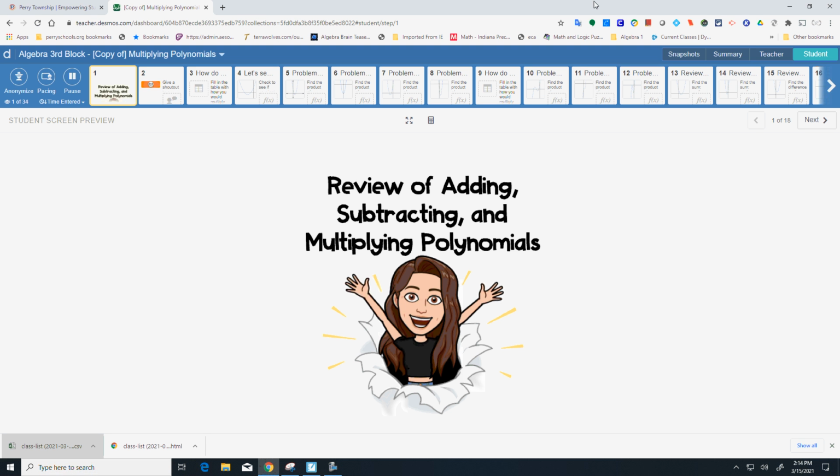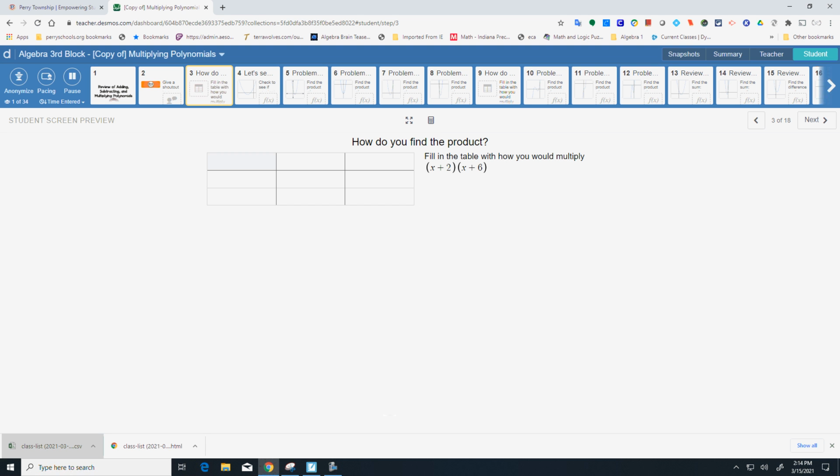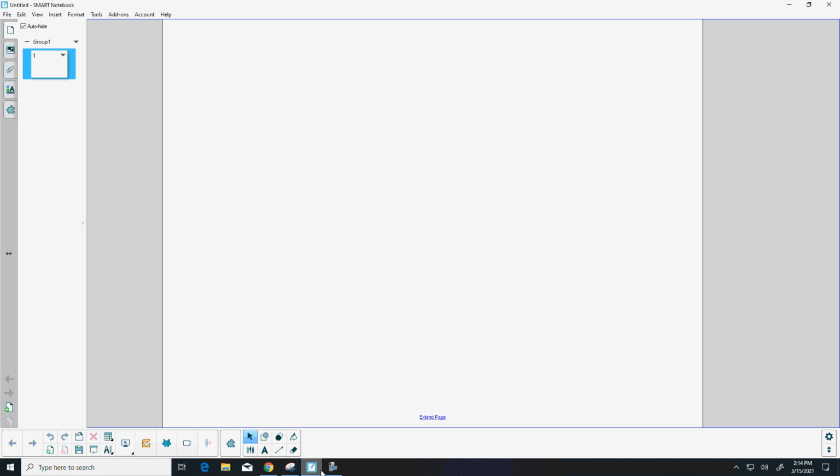So then for slide 3, it asks you how you would find the product, and what it wants you to do is put these into the table, using the box method.